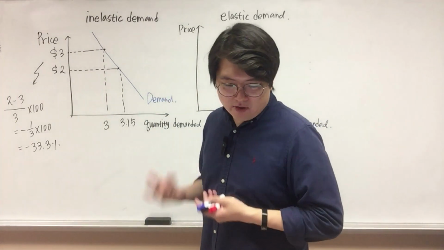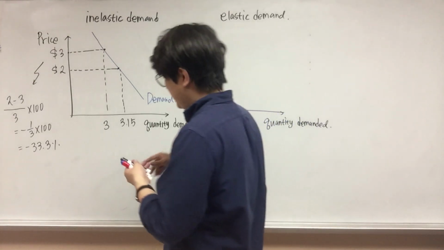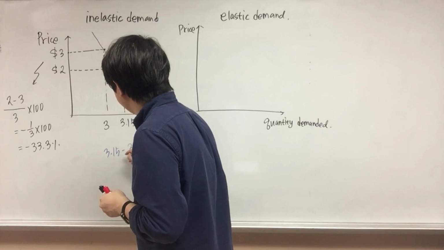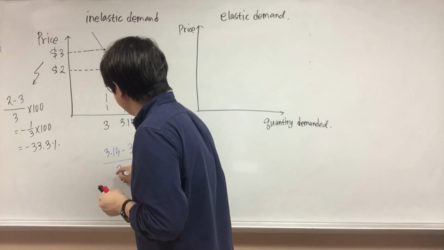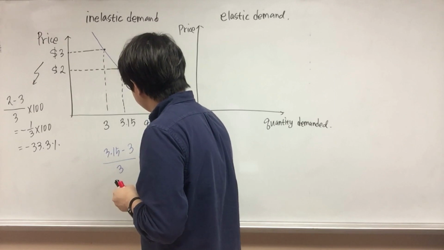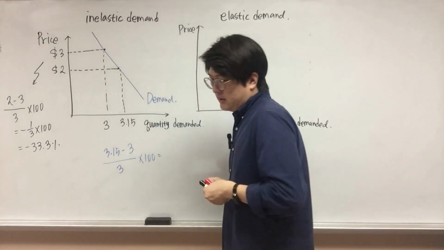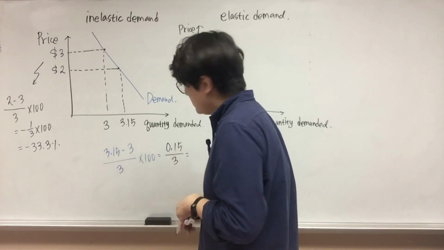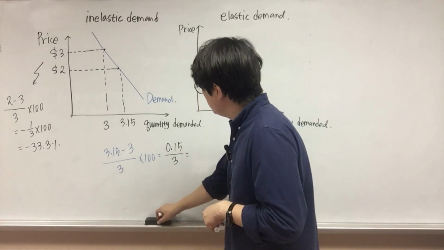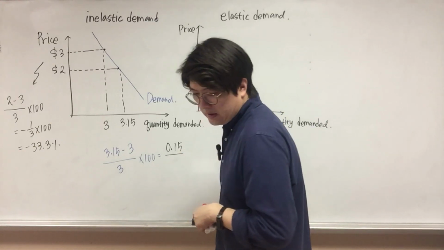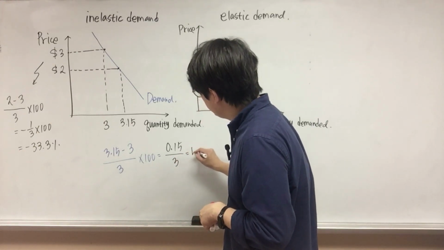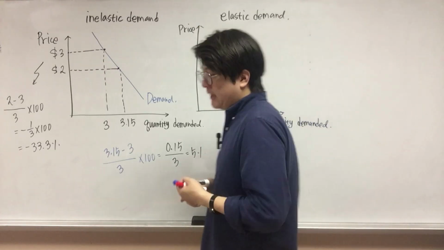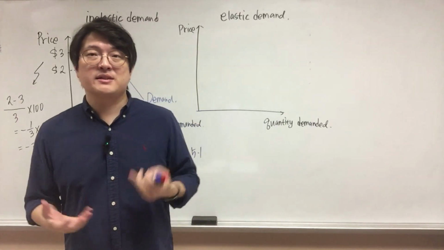How can you find the percent change in quantity demanded? 3.50 minus 3 divided by 3, times 100. What is that? 0.50 divided by 3, so we have 5%. So how can you find the price elasticity of demand?